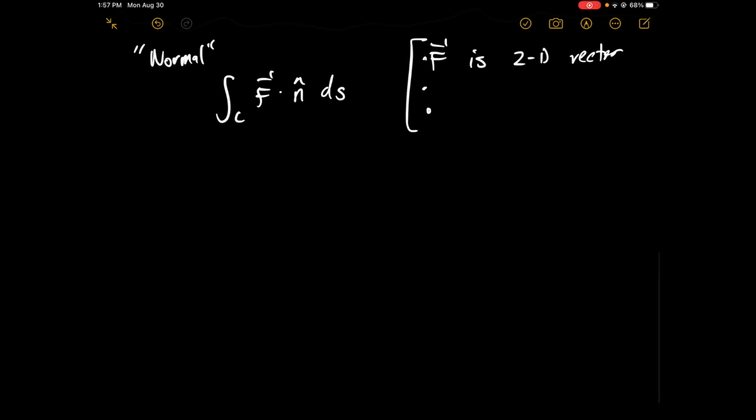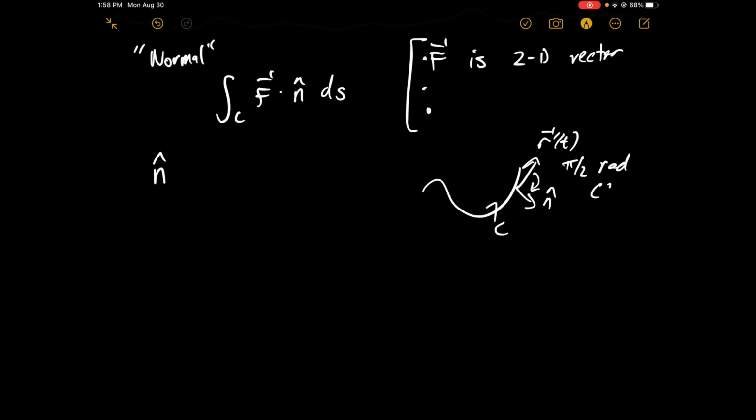Right, so first we need to define n. n is a unit normal vector. So if I have a curve C that goes like this, then typically n will go this way, because n is actually just r prime of t, but rotated pi half or 90 degrees clockwise.